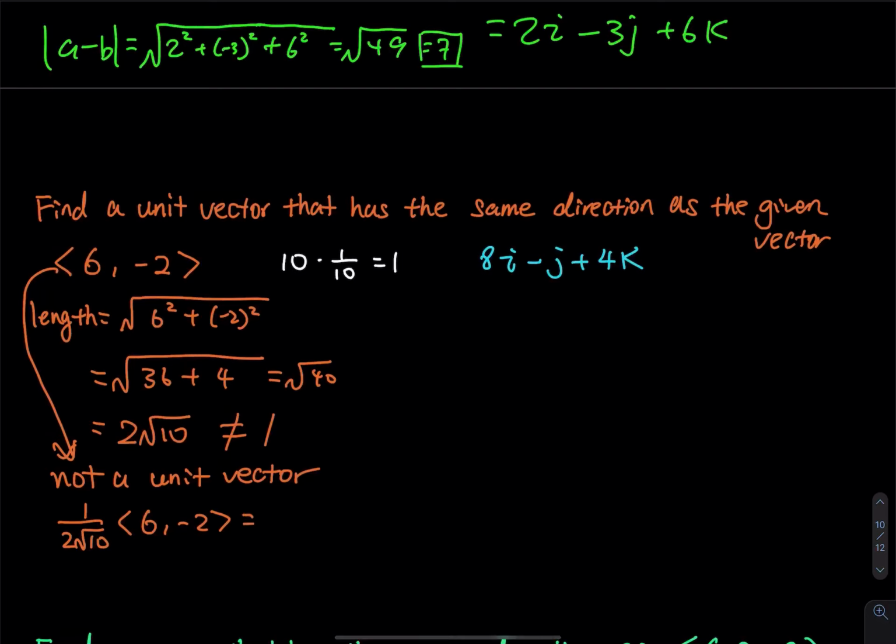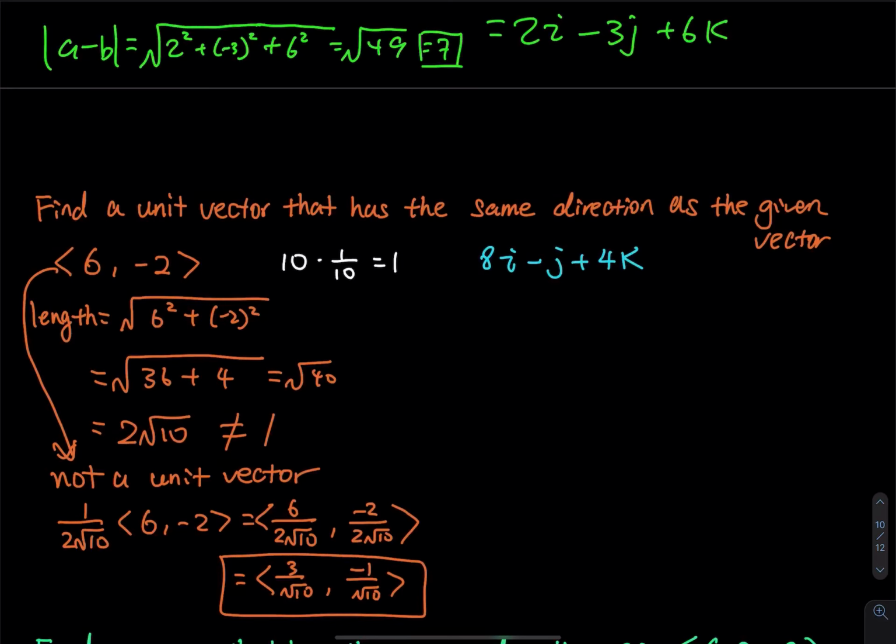So when you do that, you have 6 divided by 2 root 10, comma negative 2 divided by 2 root 10. So this is a unit vector. So that will be 3 divided by root 10, comma negative 1 divided by root 10, right? I don't think the textbook will want you to rationalize that.